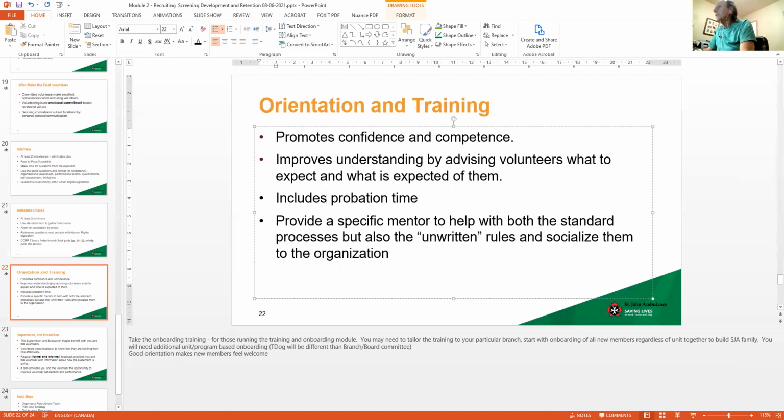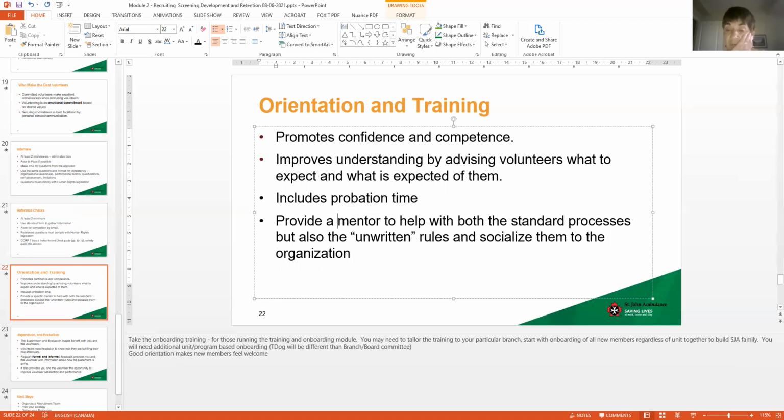Yeah, I think that makes more sense. I don't think you need a specific mentor because it is a specific mentor. Take out the word. Well, part of providing a mentor is making sure it's the right fit. To help with both the standard process, but also the unwritten rules and socialization. Yeah.